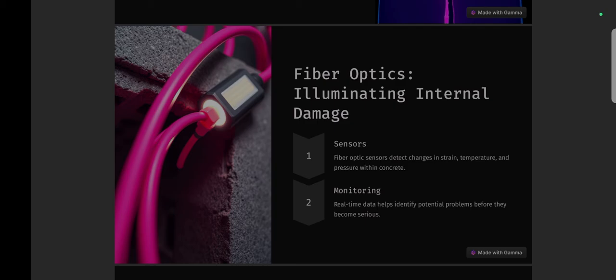Below are some key techniques for detecting internal damage in concrete, like GPR, ground penetrating radar. The advantages of this are that it is non-invasive and fast.